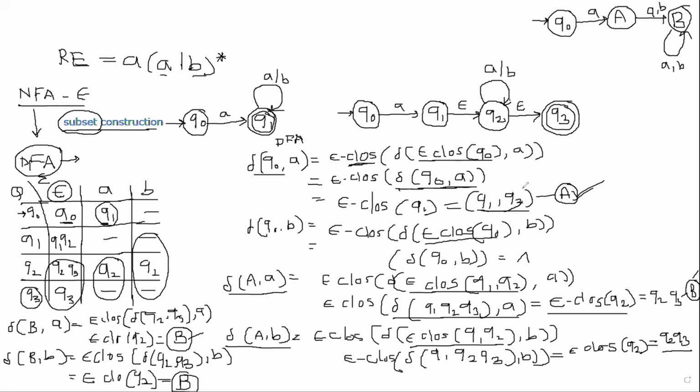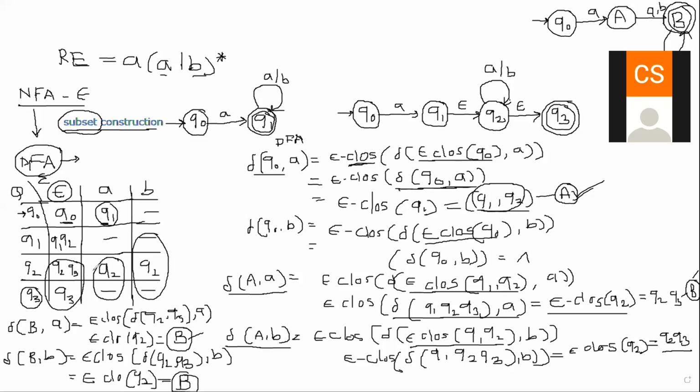A मध्ये आहे का Q3? A मध्ये Q3 नाहीये. So A will not be your final state. Then Q3 is there in the state number B. State number B म्हणजेच काय? Q2 Q3 आहे. So Q3 is there in the state number B and that's why B becomes your acceptance state. Okay. So in that way, we have removed the epsilon transitions from NFA and we have converted it into its equivalent DFA.